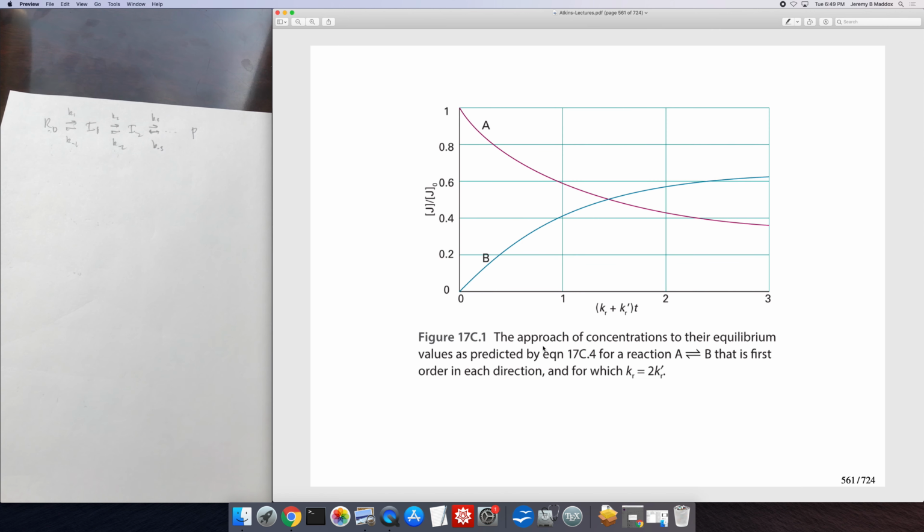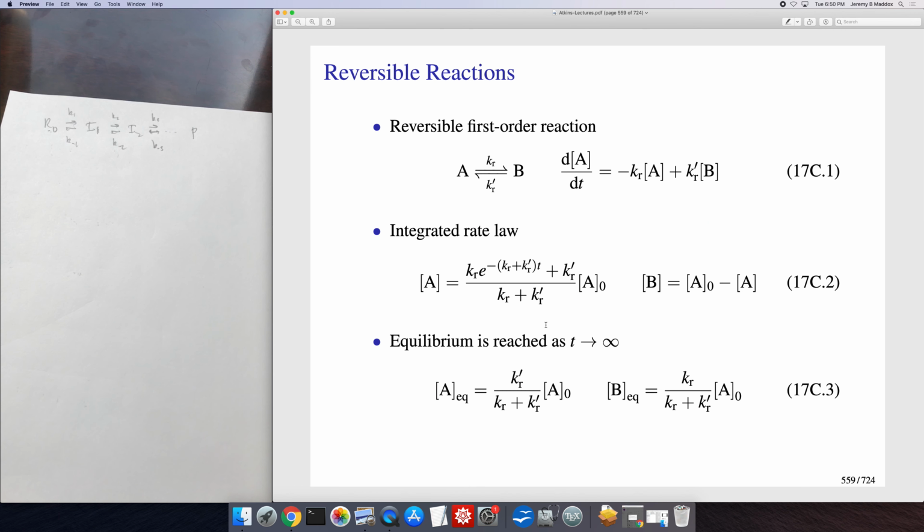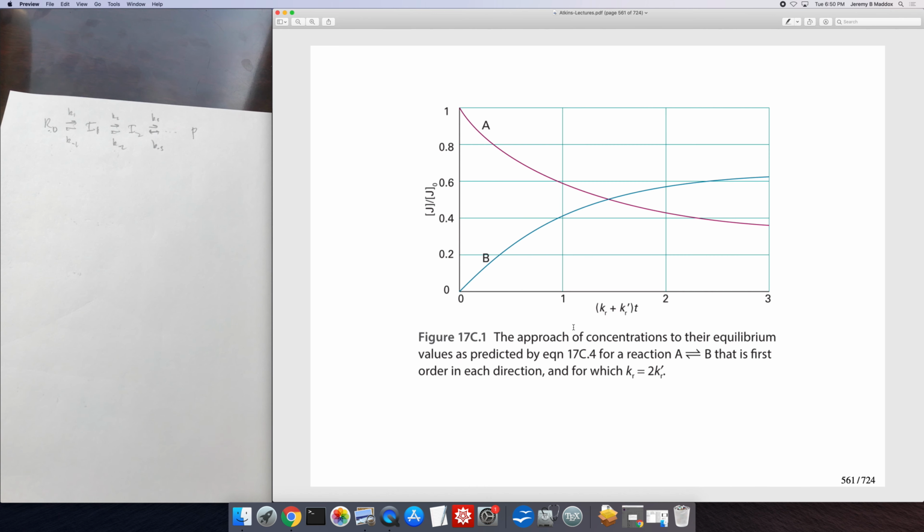Here's an example of taking these two integrated rate laws and plotting them versus this compound time unit given here. Initially we start off with no product and all reactant, and what happens?